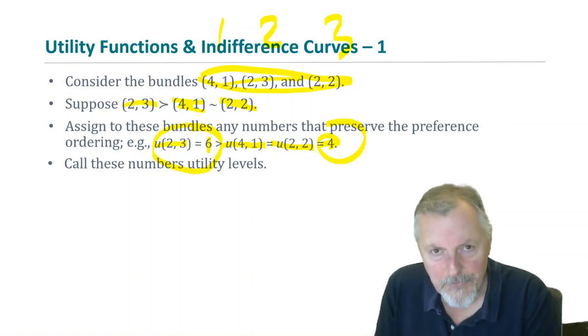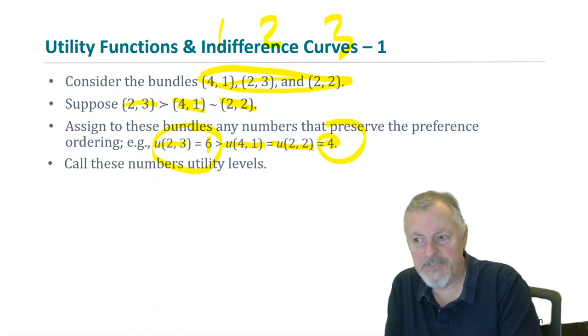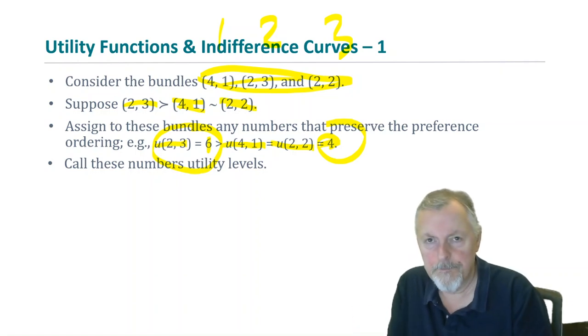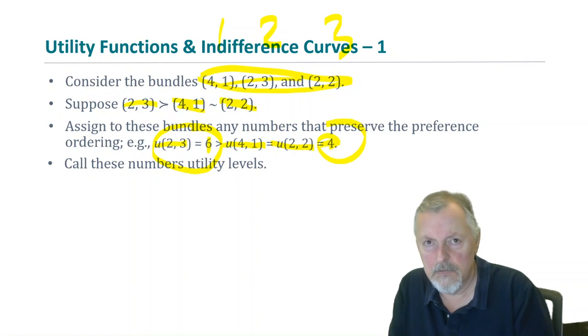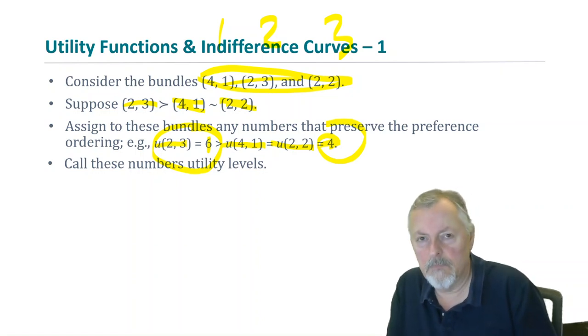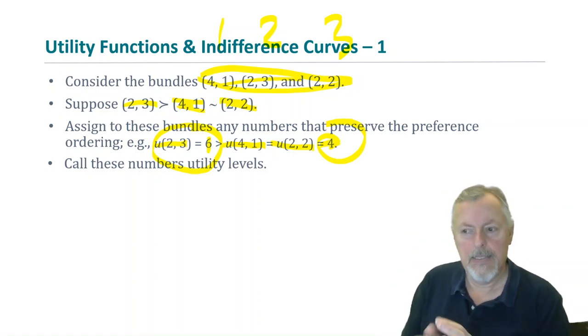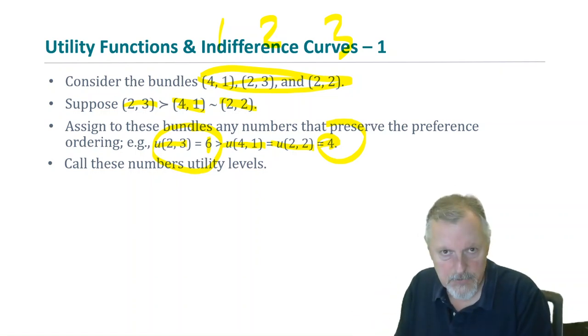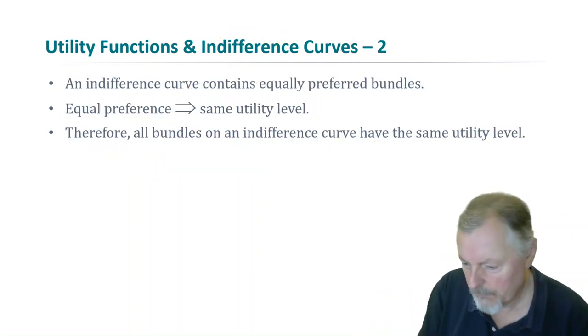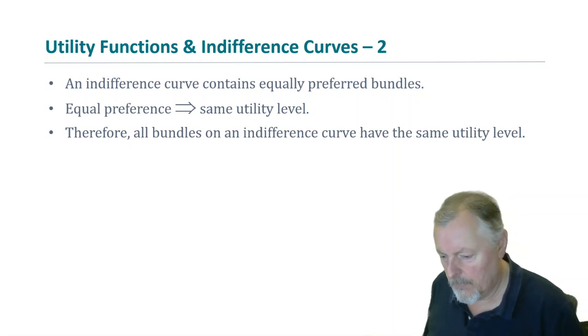But you could put different numbers here. Instead of 6, 4, and 4, it could be 10, 3, and 3. It could be a trillion, 1 and 1. They all represent the same preferences.